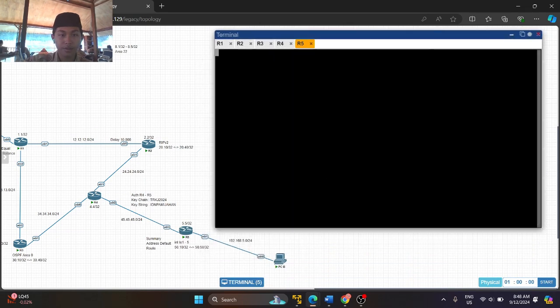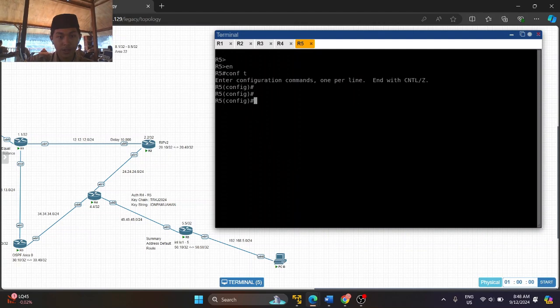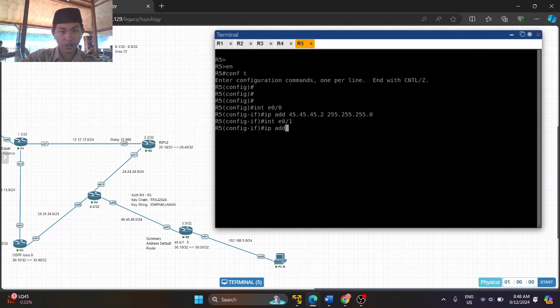Okay, enable, configure terminal. Let's get to interface 0/0, IP address for the device 0.2, then interface 0/1, IP address, no shutdown.